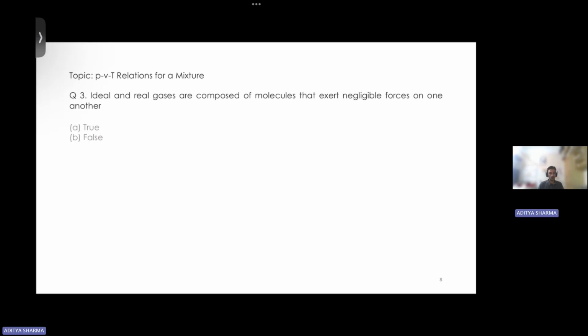The question says that, this is question number three, ideal and real gases are composed of molecules that exert negligible forces on one another. We will stop here.